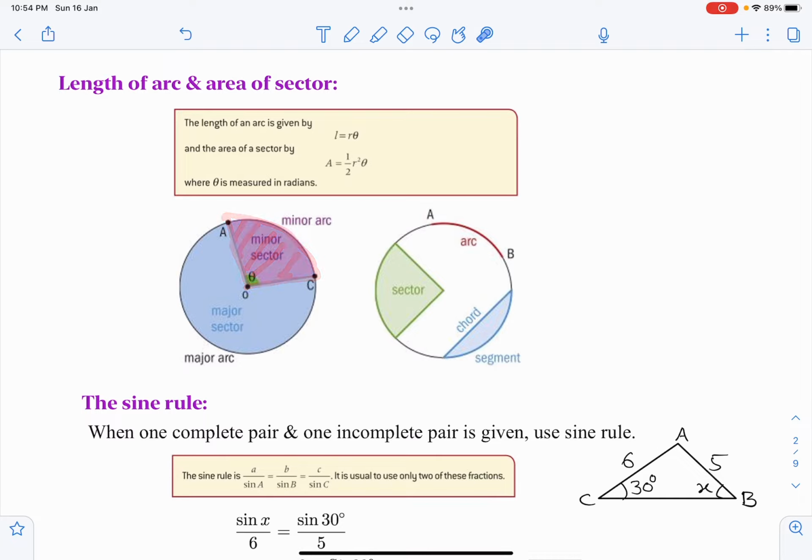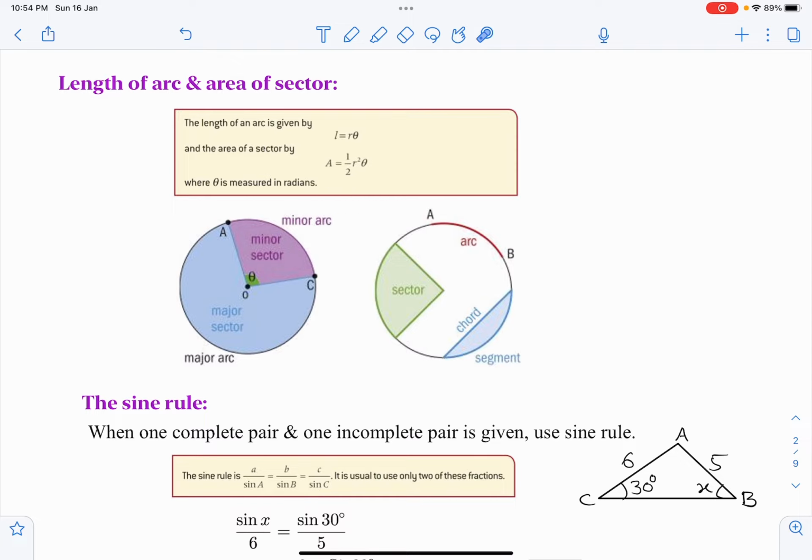As we got minor arc and major arc, in the same way you can get minor sector and major sector. The sector which is smaller is called the minor sector and the one which is bigger is called the major sector.